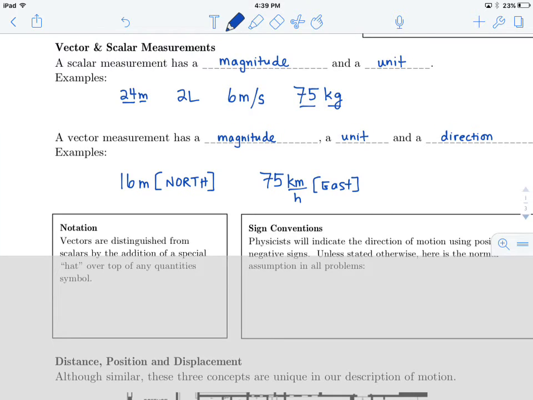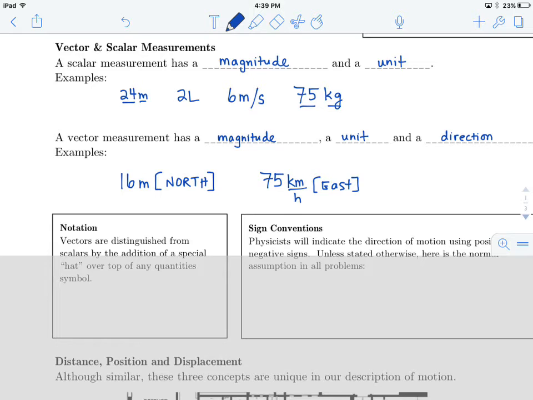Now there are some things where a vector wouldn't make sense. Mass is something that isn't a vector. Mass is a scalar. We're never going to say 75 kilograms left or 75 kilograms right. It just doesn't make sense. Same with volume. Volume doesn't have a direction associated with it.